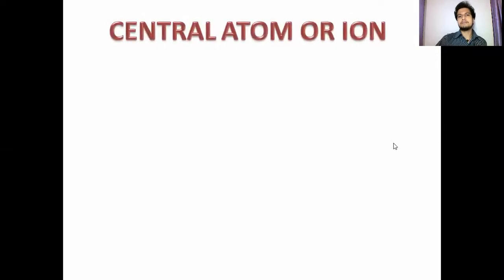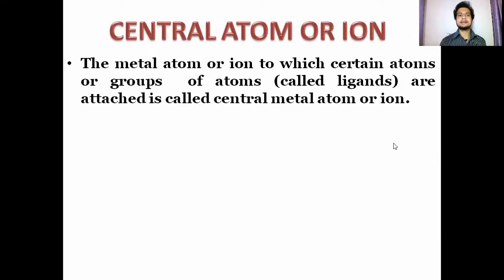So our next topic is what is the central metal atom. The metal atom or ion to which certain atoms or groups, which we call ligands, as I have already told you, which are electron donors or Lewis bases, are attached is nothing but the central metal atom or ion.